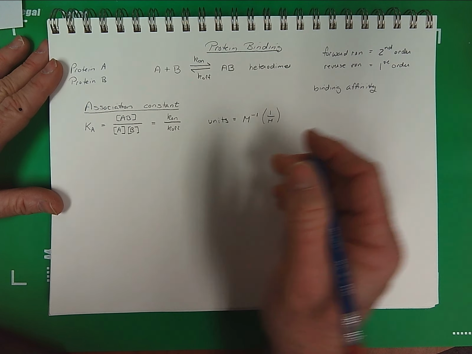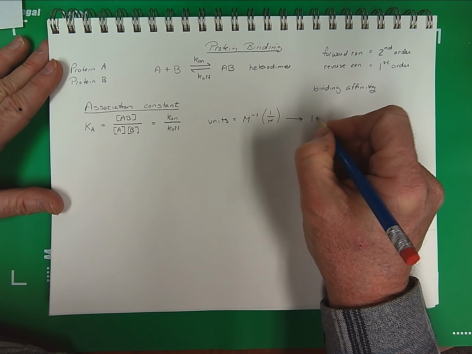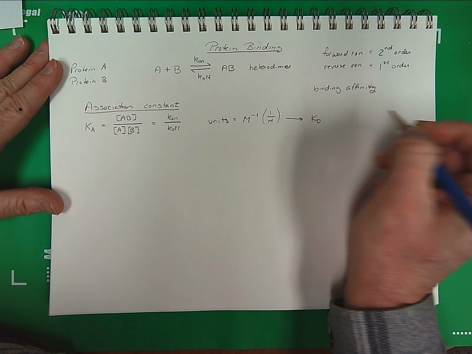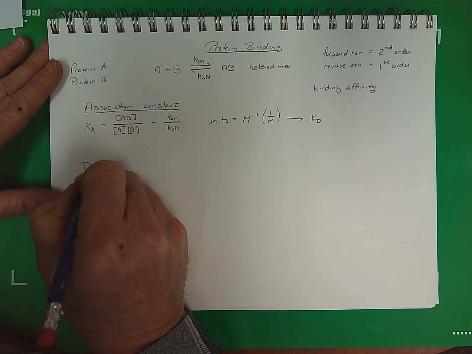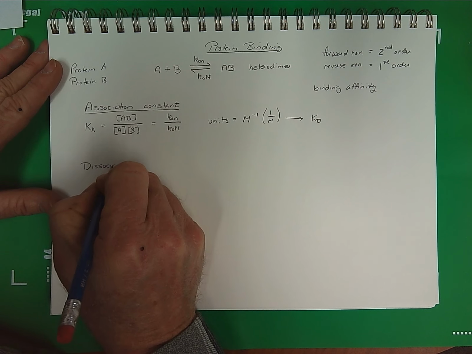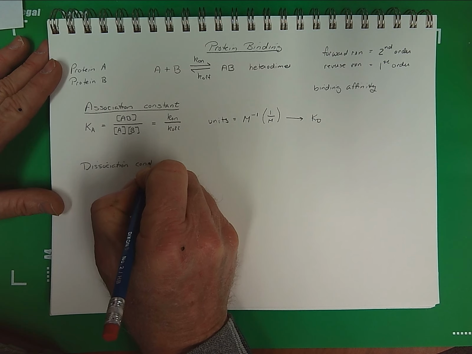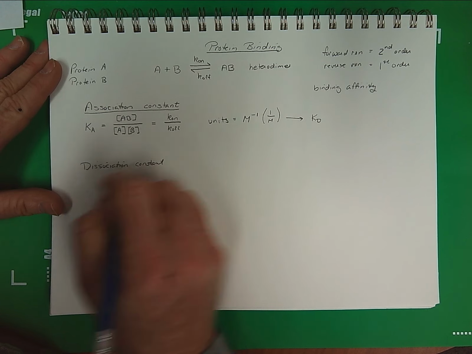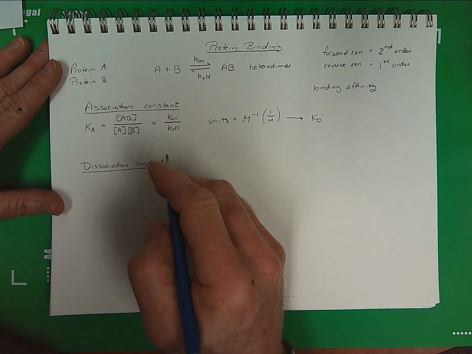So the way we can determine this is to define a factor called Kd, which is the dissociation constant. As you can imagine, the dissociation constant is going to be the reciprocal of the association constant.